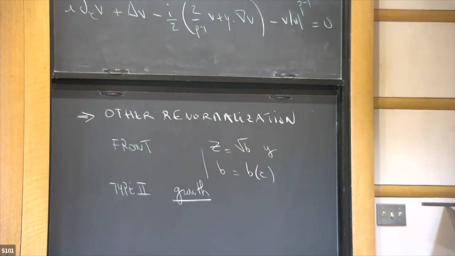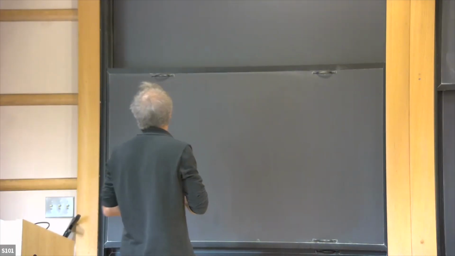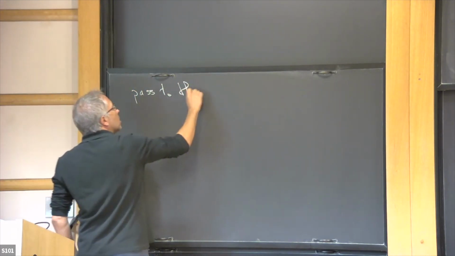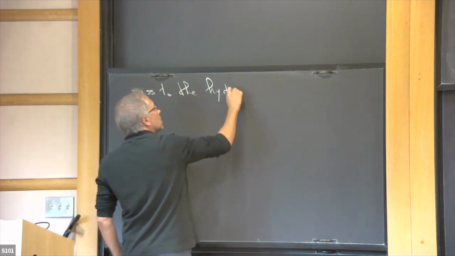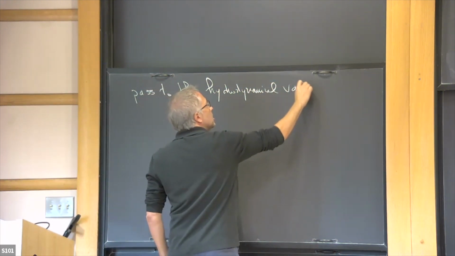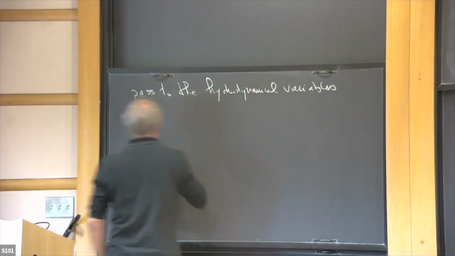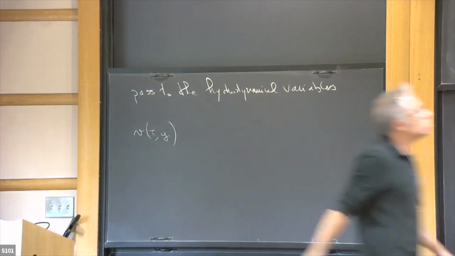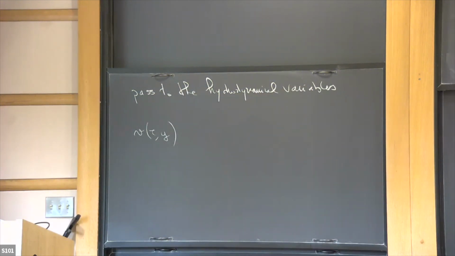So explicitly, what you do is the following. Maybe what was a little bit mysterious in the beginning is that I'm not able to tell you what I do: v is not the right variable. To do this, I need to pass to the hydrodynamical variables. I transform my v of time y, which is supposed to be a solution of the self-similar equation, this thing over here.